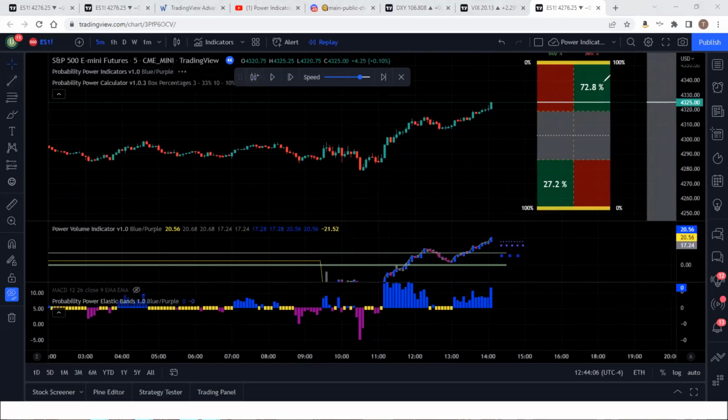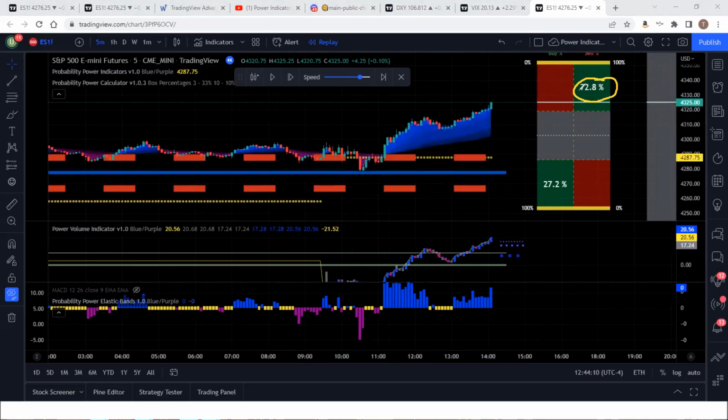And here we have the probability calculator giving us a 72% chance of a short at this point in time. But at that point, volume indicator still pointing up, elastic band still pointing up, blue cloud pointing up. So not the time to take the trade. We don't have synergy. We don't have the signal everywhere else.